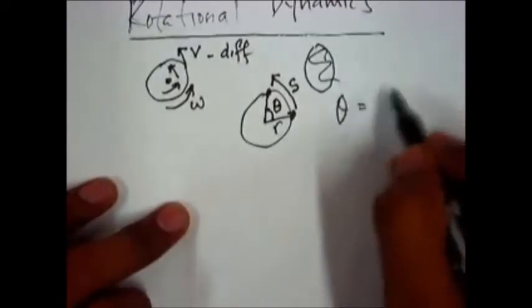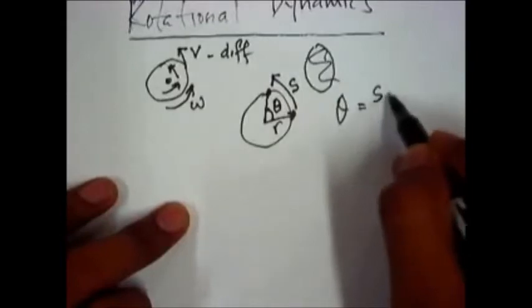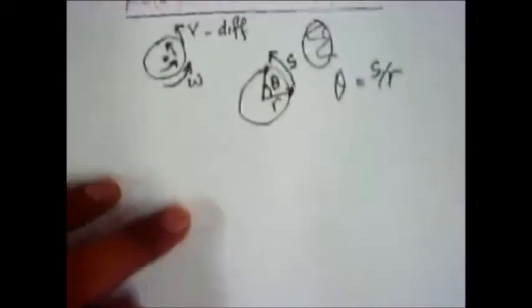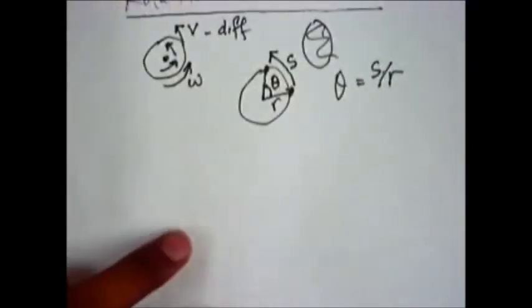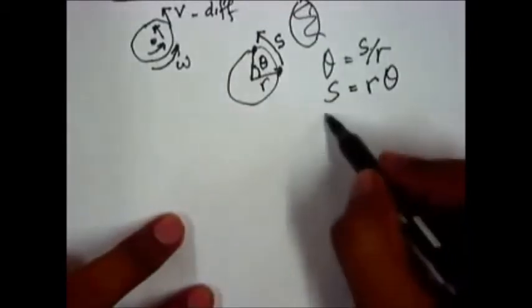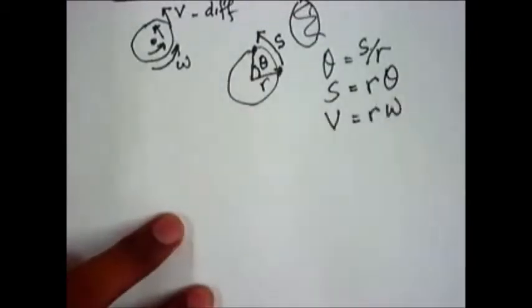And the way we find theta is linear displacement divided by r. And then from there we get that linear displacement is equal to radius multiplied by angular displacement. And similarly, when we talk about linear velocity, it is equal to r multiplied by angular velocity.